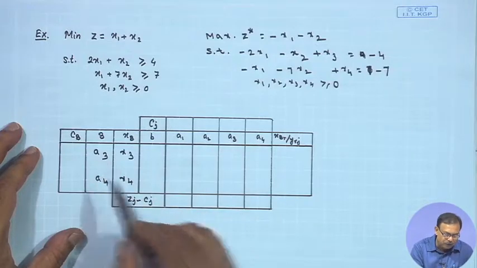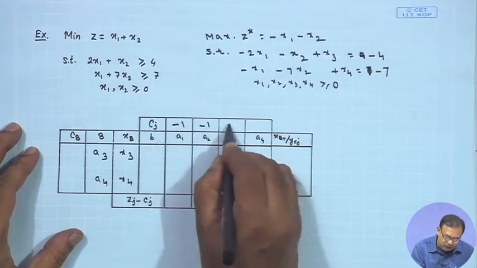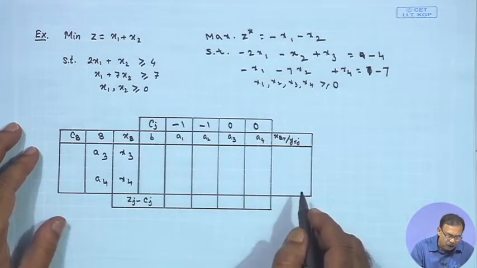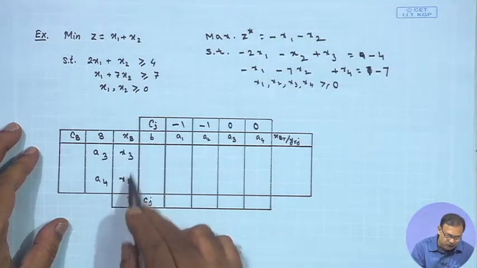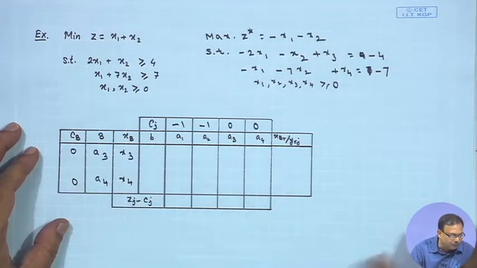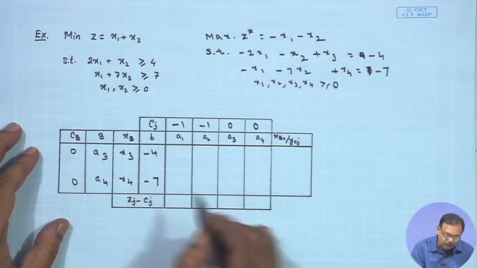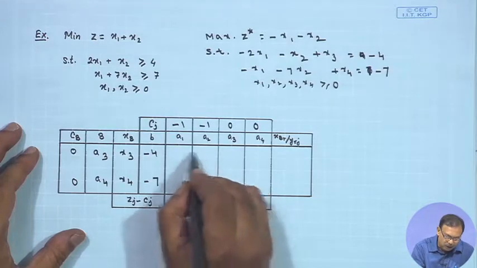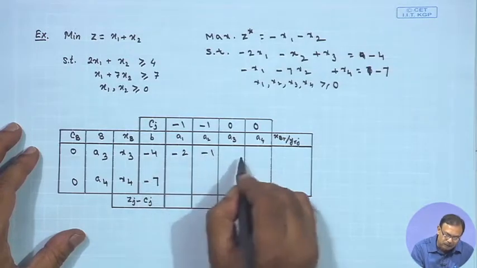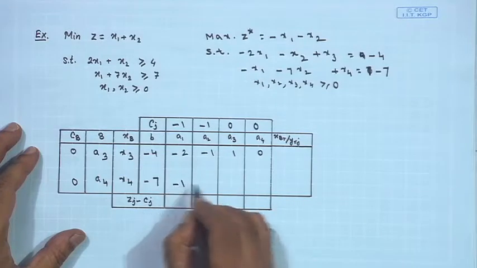Your c j values are minus 1, minus 1, 0 and 0, so your c b corresponding to x 3 x 4 will be 0 and 0. Your b values are minus 4 and minus 7. Now, write the rows, that is minus 2 minus 1 1 0 and minus 1 minus 7 0 and 1.